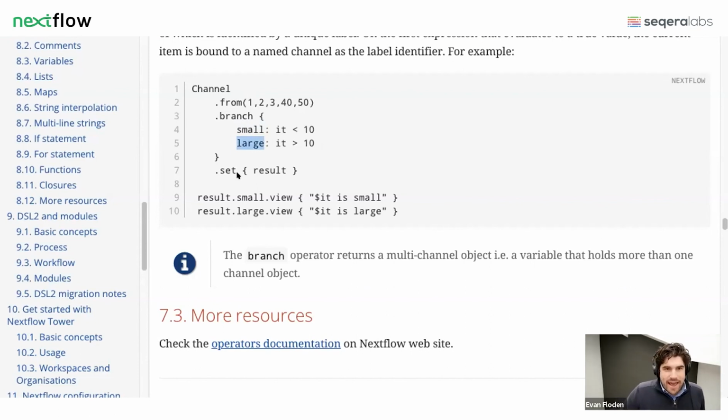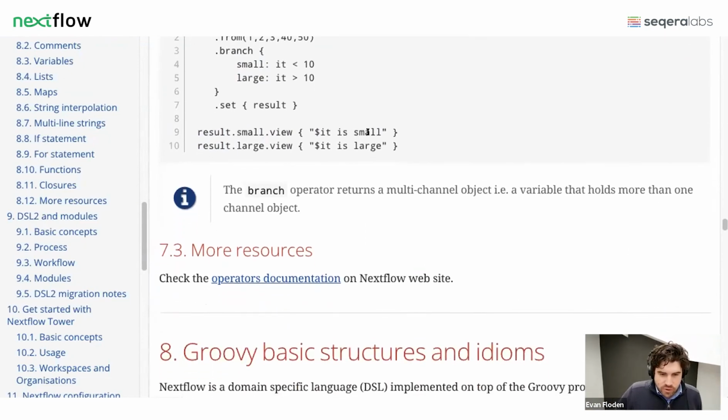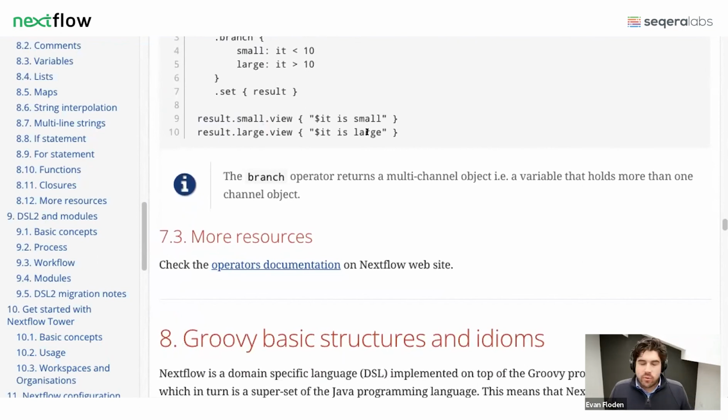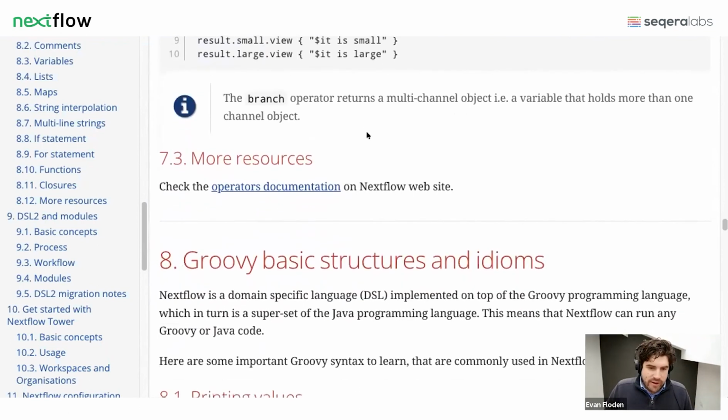The way that we can access that is that we can say result, which is in this case not a channel, but two channels. And then we can reference that with small. So we can say result small, in this case, view, for running that. It's not used a lot, but sometimes you'll be in a situation where you want to do that. Okay, that's a very quick summary of what we've been doing with operators so far.